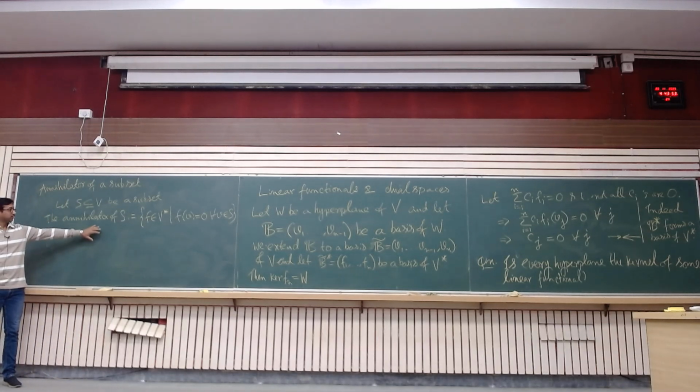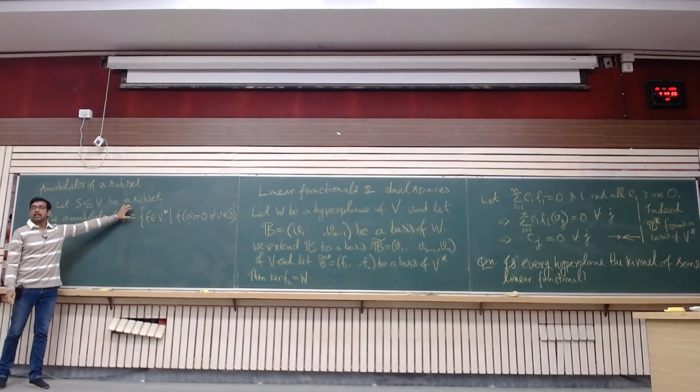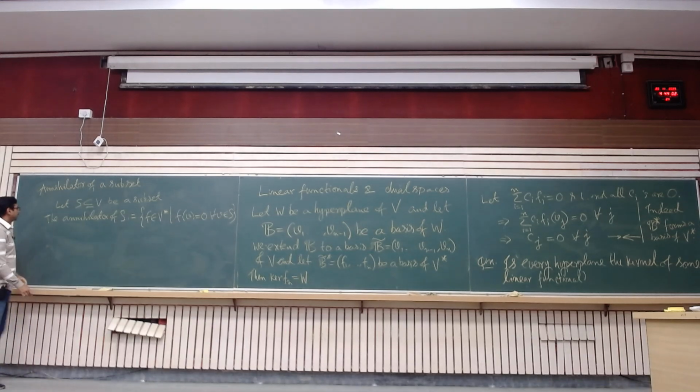I note that irrespective of whether S is a subspace or not, for every subset, the annihilator, we denote it by S0, is going to be a subspace of V dual.